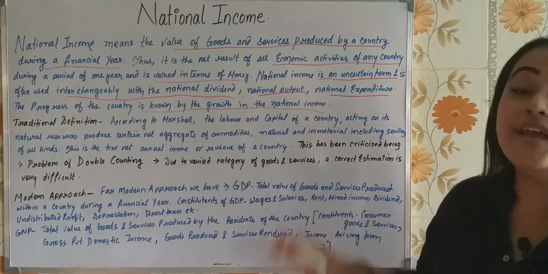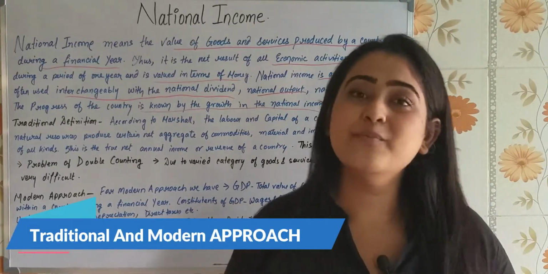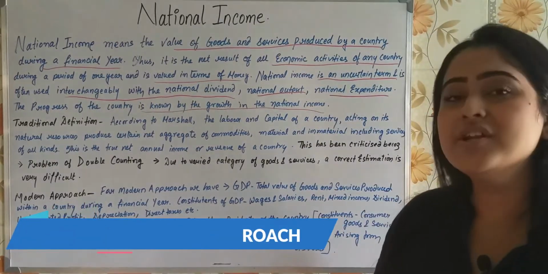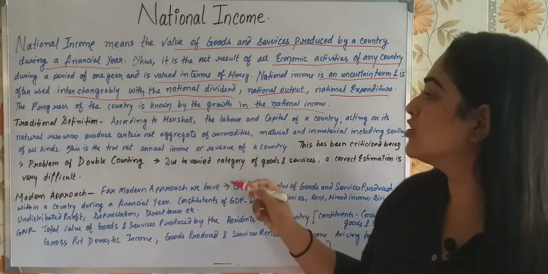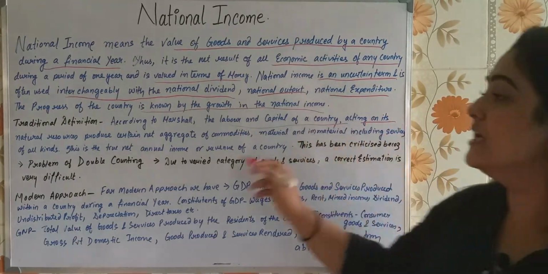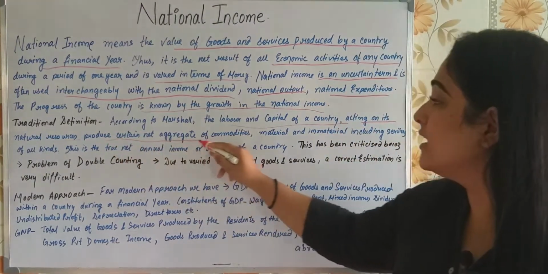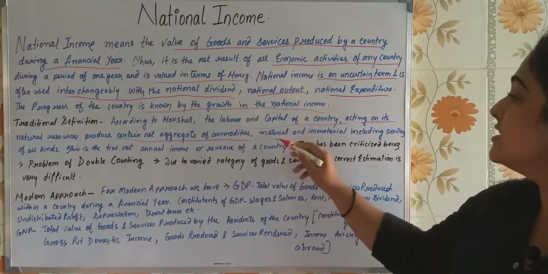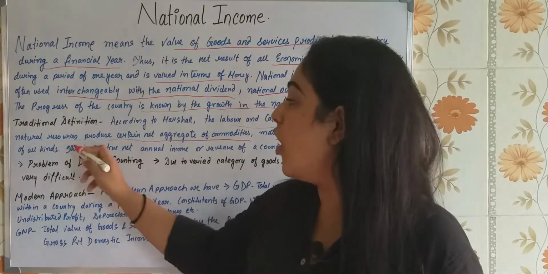Okay. Now we have two important definitions. One is the traditional approach, one is the modern approach. What is the traditional approach? It was given by Marshall. Okay, and according to Marshall, the labor and capital of a country acting on its natural resources produce certain net aggregate of commodities, material and immaterial, including services of all kinds.